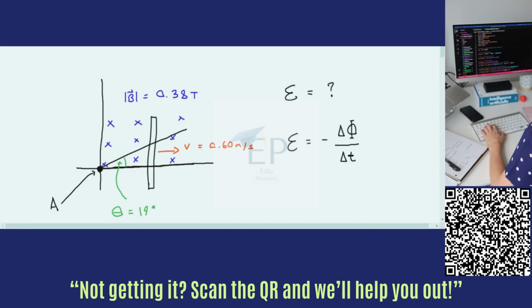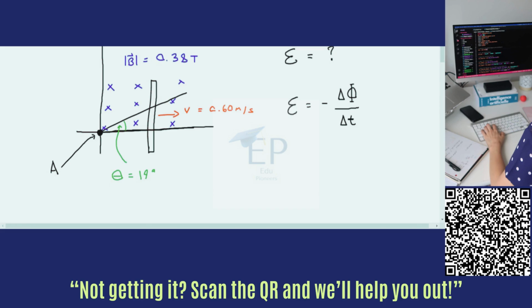And our change in magnetic flux here is going to be from the point at which our bar passes A, which is when we have no flux, to when it's at some further point out, 6 seconds later on. So really, this is going to be the average EMF, since we're just looking at two different points in time and using the change in flux from A out to this new point in time.